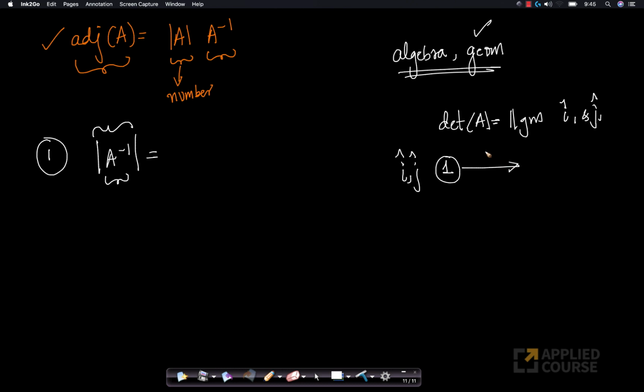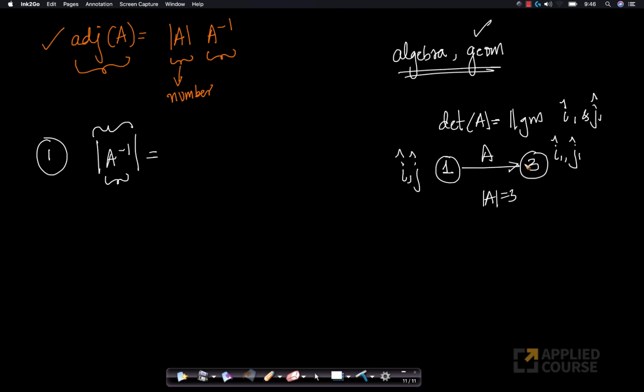Now if I perform a transformation of this space using matrix A, suppose the area of the parallelogram became 3. So what is det of A? This means det of A equals 3. Now what is A inverse?